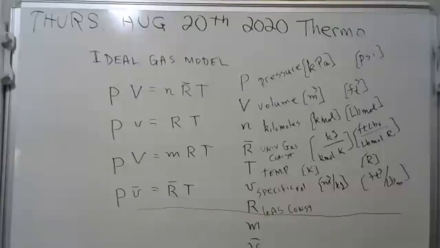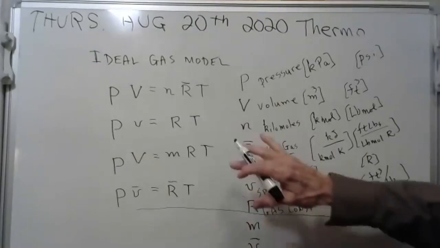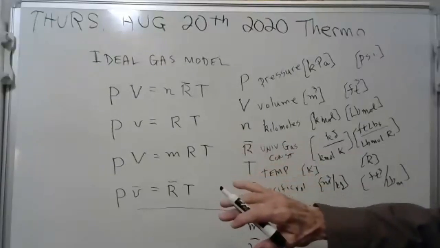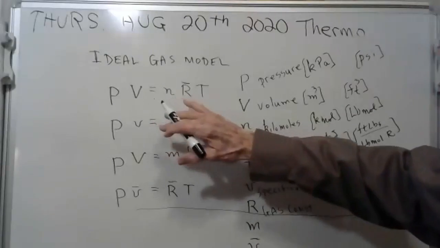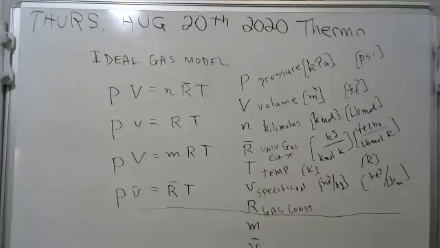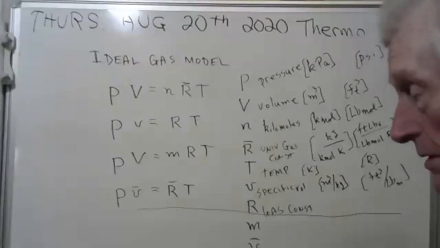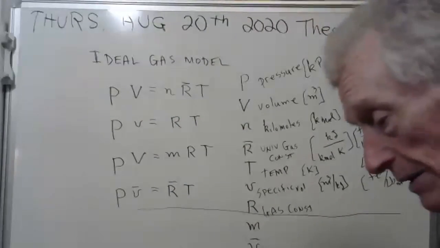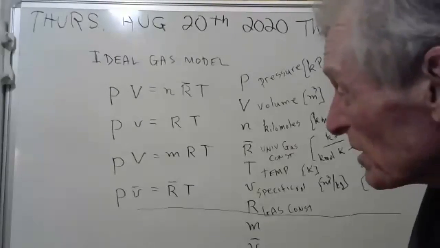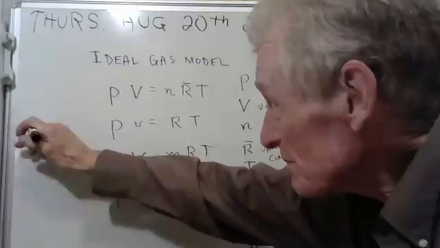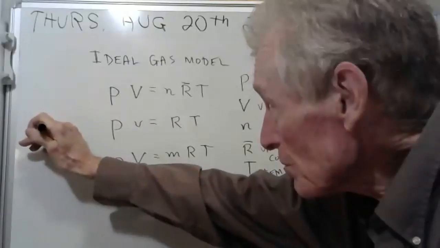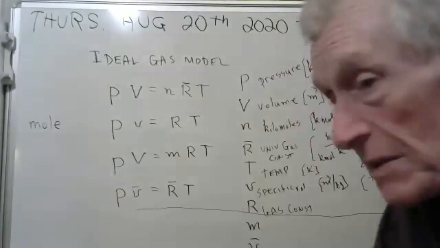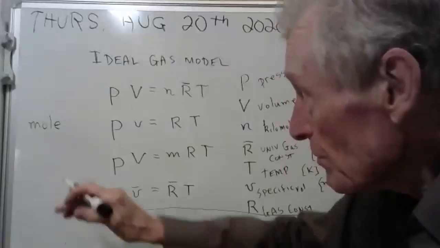Okay, I got a few minutes left, and I want to tell you about these things here. Now this one here has to do with, it's actually kilomoles. Now you might have learned it as moles. So let's just talk about moles for just a minute. What the heck is a mole? You know what a mole is?